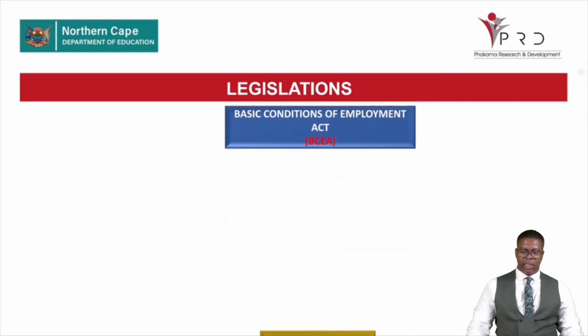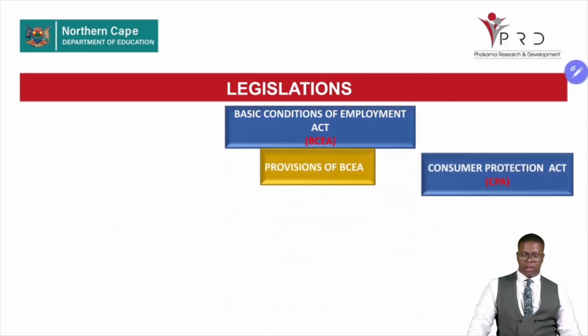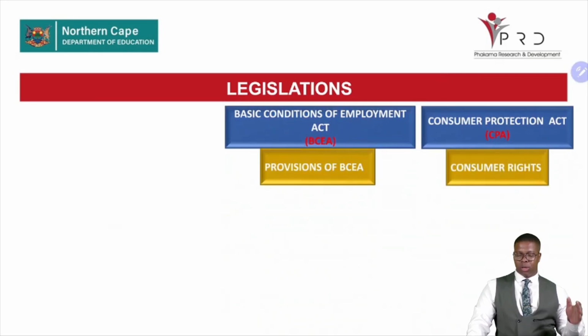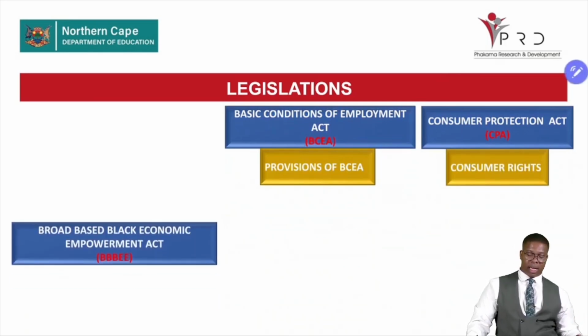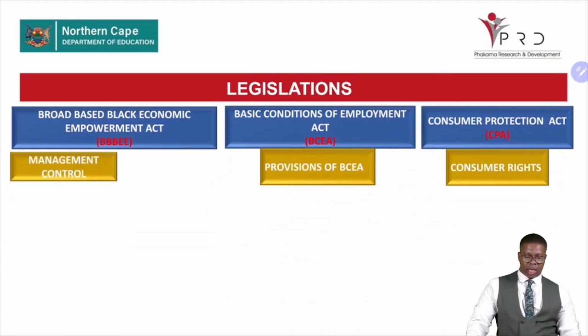As we proceed, this is what you should be able to identify from the scenario. You should be able to identify the provisions of the act we call the Basic Conditions of Employment Act. And under consumer protection, you should know how to identify the consumer rights. Then under the Broad-Based Black Economic Empowerment Act, you should be in a position to identify the pillars of the Act.